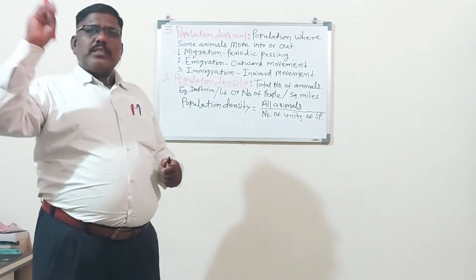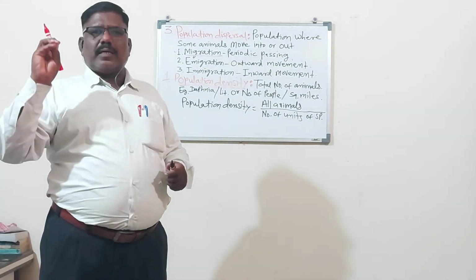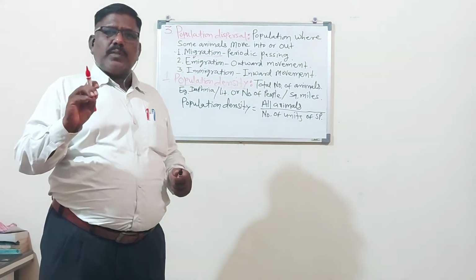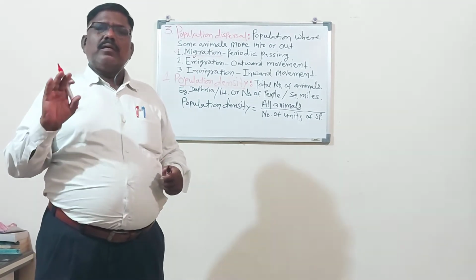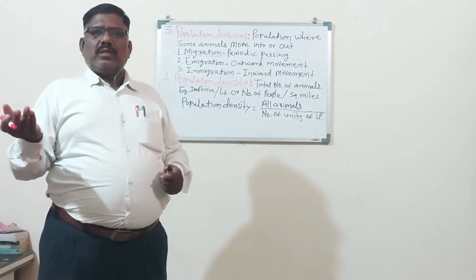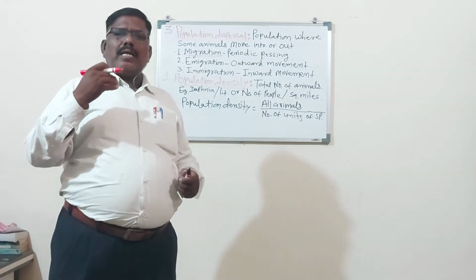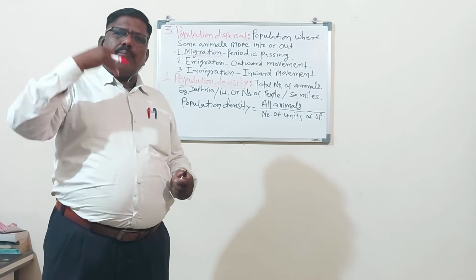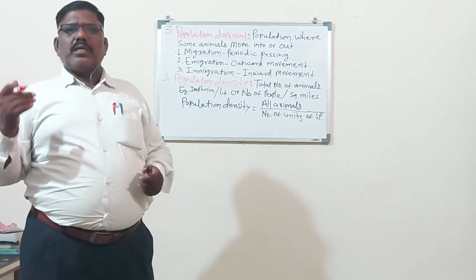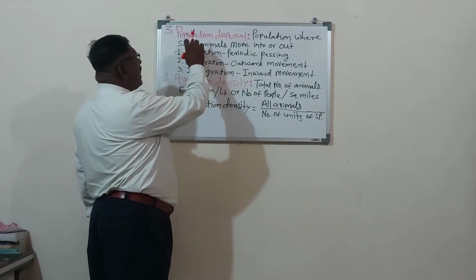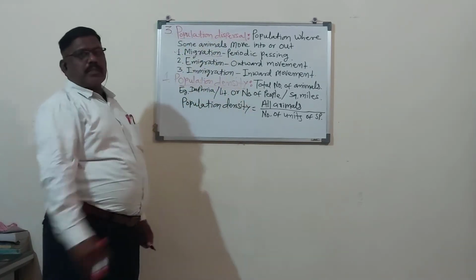In their original place there is not a suitable condition, not availability of food, not availability of the space for their reproduction. There are the enemies. So that's why they are coming to our area, and after some days they go back again to their original place. So that is called as the migration. Migration is one type of the population dispersal.